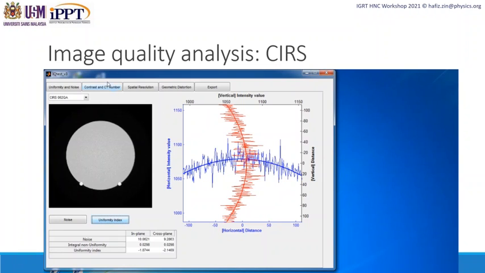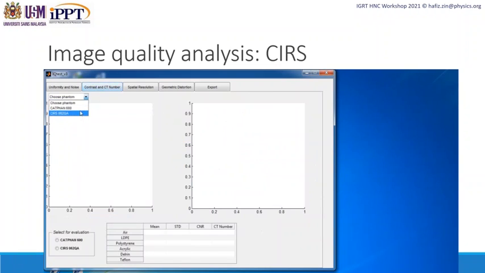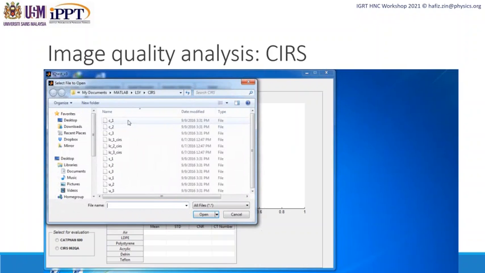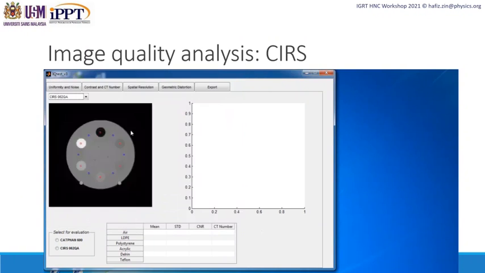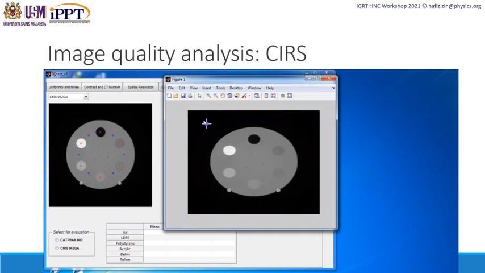And next is the contrast and Cone City number quantitative analysis. Again, we select the corresponding slices which have the region containing different Hounsfield unit materials: air, LDPE, polystyrene, acrylic, Delrin, and Teflon.